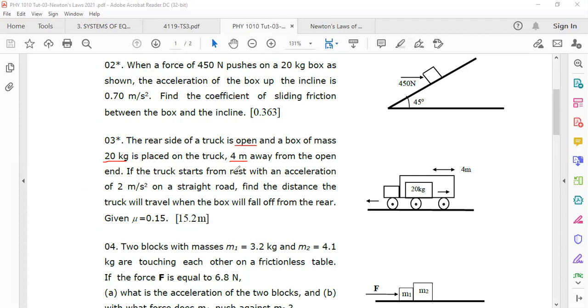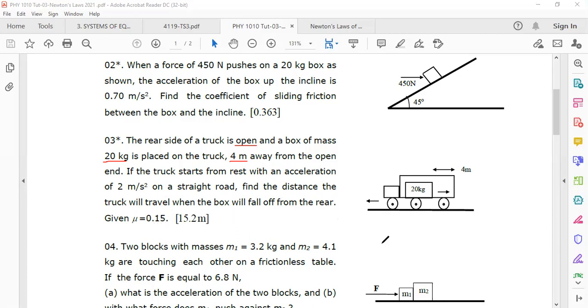If the truck starts from rest with an acceleration of 2 meters per second squared on a straight road, find the distance the truck will travel when the box will fall off from the rear, given the coefficient of static friction or kinetic friction is actually 0.15.